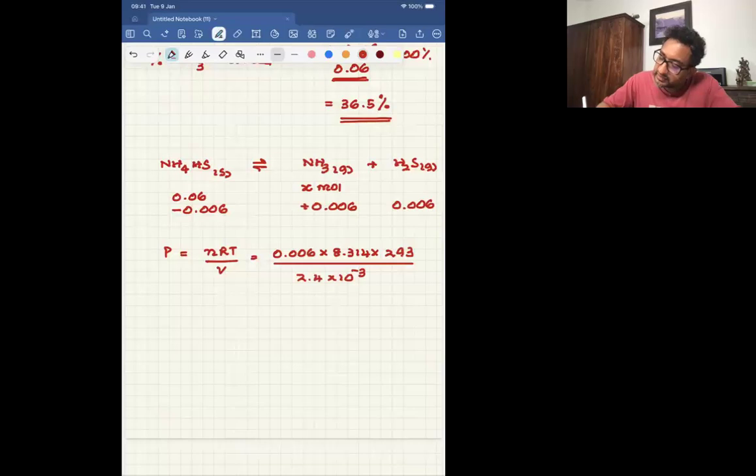This is in pascals. We can work with atm because Kp is given in atm. I got 6,090 pascals. Dividing by 10 to the power 5 gives you 0.060.